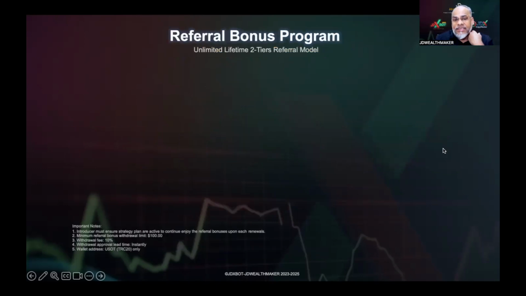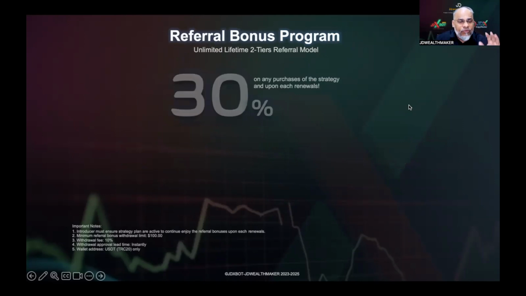Now, please understand, as I mentioned to you, we also have a referral bonus program. It is an unlimited lifetime 2-tier referral model. We offer about 30% on any purchase of the strategy and upon each renewal. This is probably one of the highest profit sharing rates in the industry that we are offering to our users.